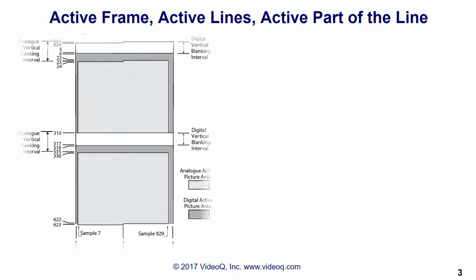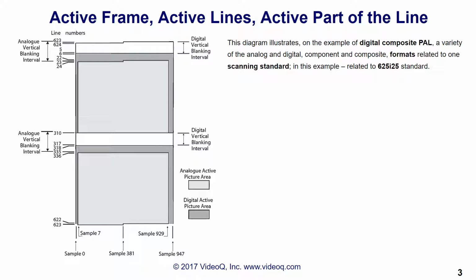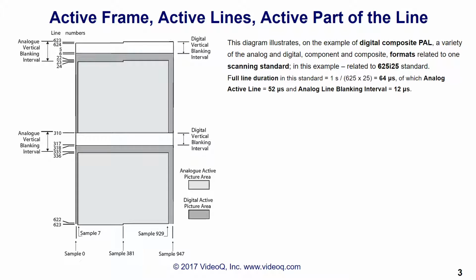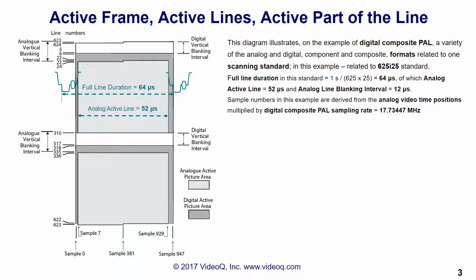This diagram illustrates, in the example of the digital composite PAL video format, the variety of analog and digital, component and composite formats related to a single 625I25 standard. Note that digitization of analog composite signals requires a higher sampling rate than digitization of the analog component content.